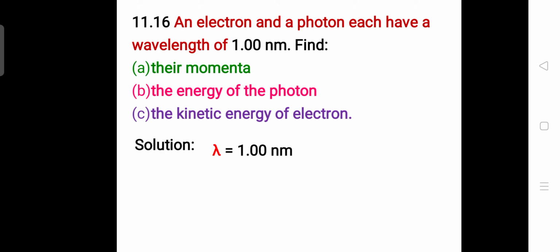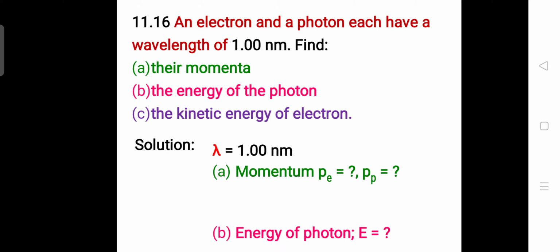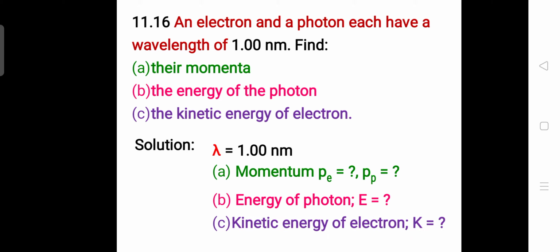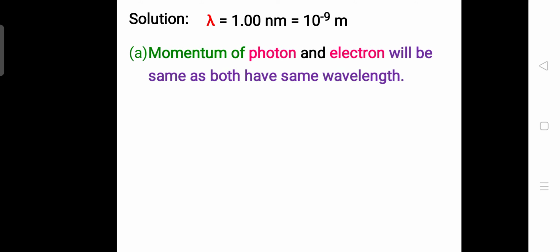Wavelength is given, lambda is equal to 1 nanometer, and then momentum of electron and momentum of photon we have to find, energy of photon we have to find, and kinetic energy of electron we have to find. Momentum of photon and electron will be the same as both have the same wavelength.